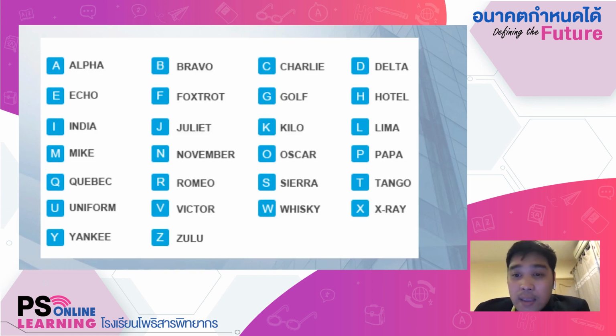Tango, T for Tango. Uniform, U for Uniform. Victor, V for Victor. Whiskey, W for Whiskey. X-ray, X for X-ray. Yankee, Y for Yankee. Zulu, Z for Zulu.